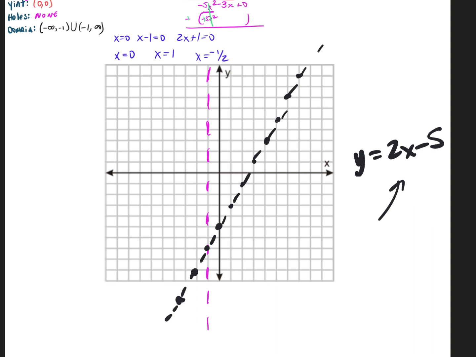Now, when we had just one vertical and one horizontal, we had 4 pieces of a graph: top left, top right, bottom left, bottom right. We have the same concept here. You have 4 pieces of a graph. You just have a slanted piece. Do you see this piece in green over here? And then do you see this piece in blue? Both of those are located on what side of your vertical asymptote? The left.